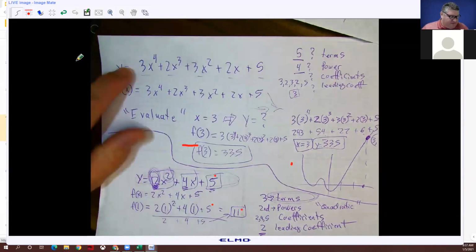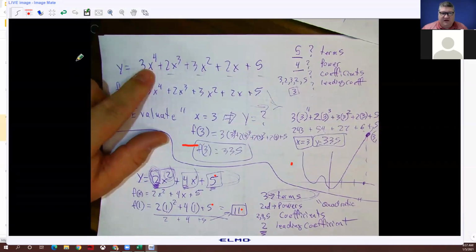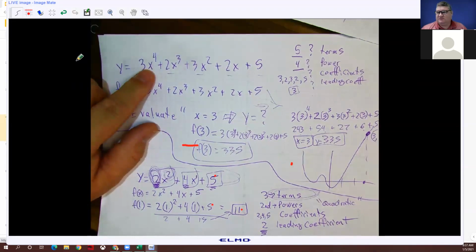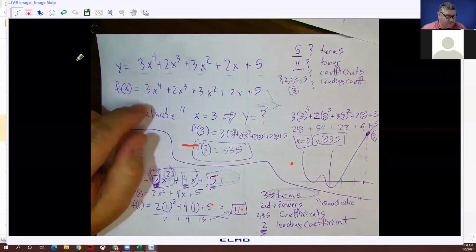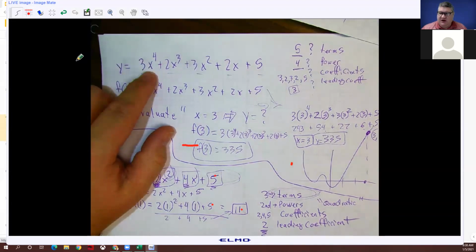By the way, last question, is this function here, y equals 3x to the 4th plus 2x cubed, and so on, an even function or an odd function? Put it in the chat. Is this an even function or an odd function?